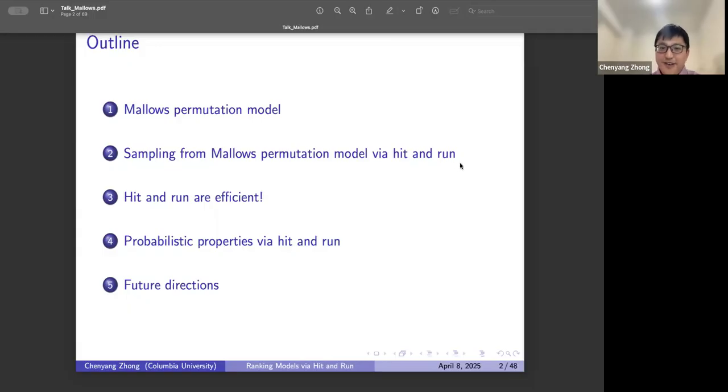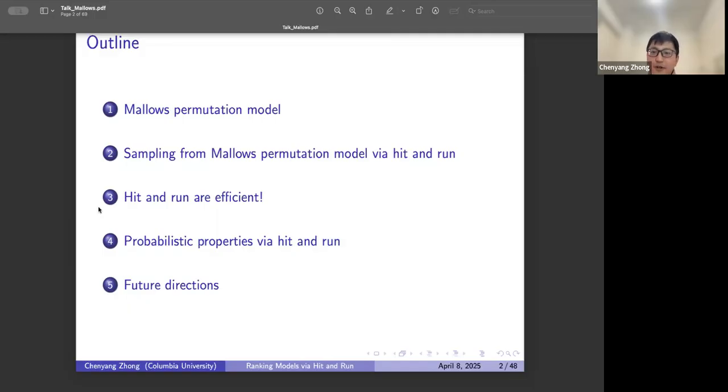I'll give an introduction in this second part that can be used to efficiently draw samples from the ranking models that we consider. And then we are going to show that those hit and run algorithms have theoretical guarantees and are efficient, so it will mix very fast. The second and third points here are more about sampling aspects.